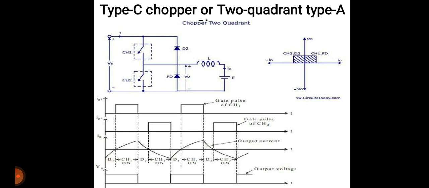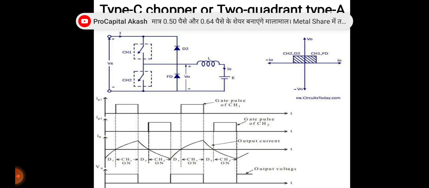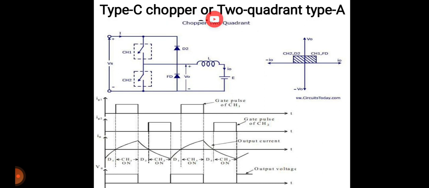Now the current I0 flows in the arrow direction. That is, load current is positive when CH1 is on or the freewheeling diode conducts. Load current is negative if CH2 is on or D2 conducts. In other words, CH1 and the freewheeling diode operate together as type A chopper in the first quadrant.